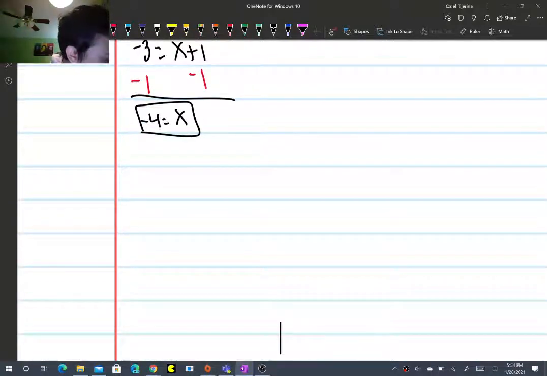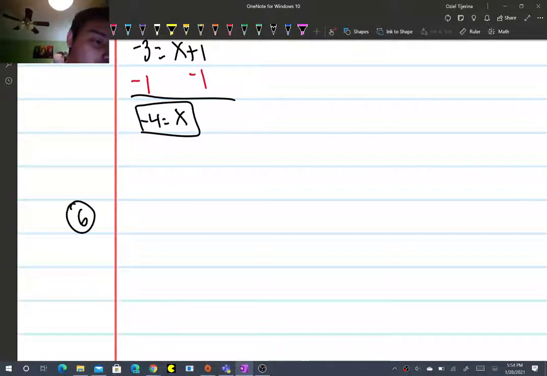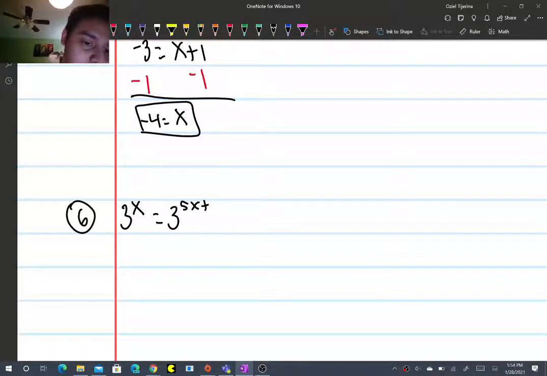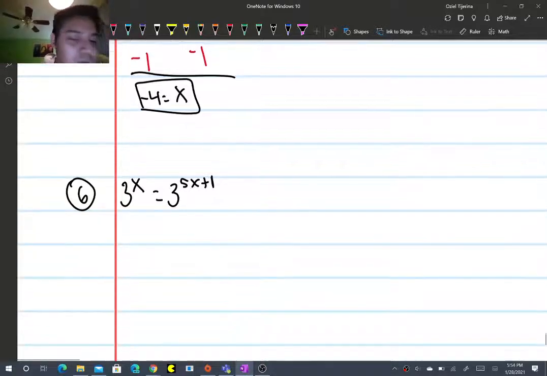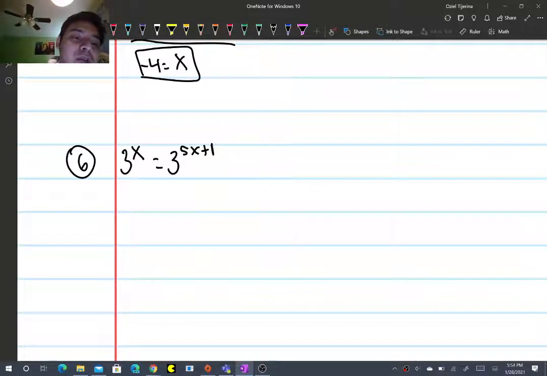So number 6, we have 3 to the x. Now these next ones are not really that hard, because one of the things I forgot to mention in this video is that whenever you have the same base, meaning the front term is the same, here's a 3, here's a 3, you just make the exponents equal to each other.